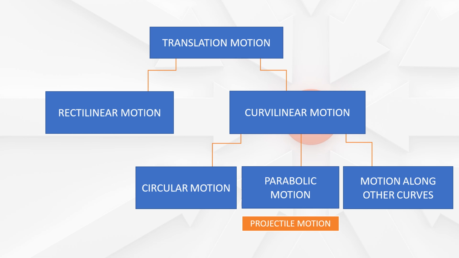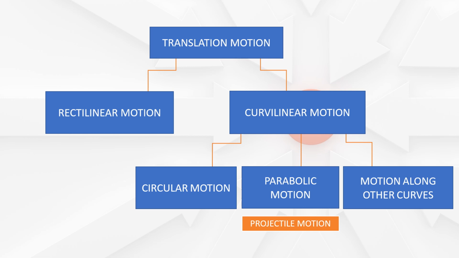Translation motion is further subclassified into two types: rectilinear motion and curvilinear motion. Now, as we discussed, rectilinear motion is the motion of the particle along a straight line. Curvilinear motion is going to be the motion of the particle along a curve.